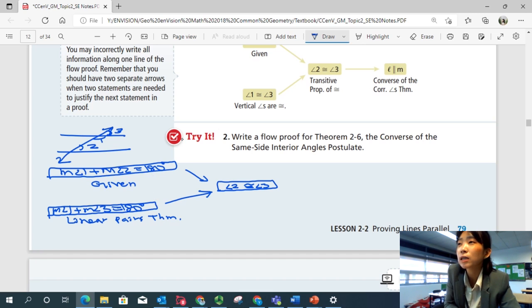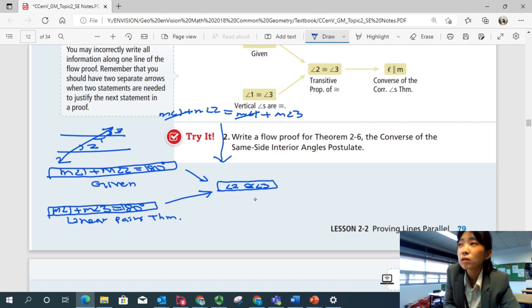They're both equal to 180 degrees. So if you add 1 and 2, that's equal to adding 1 and 3. But if you're adding the same thing, you can subtract the same thing, right? Subtract measure of angle 1 on both sides. And you can say measure of angle 2 is equal to measure of angle 3.